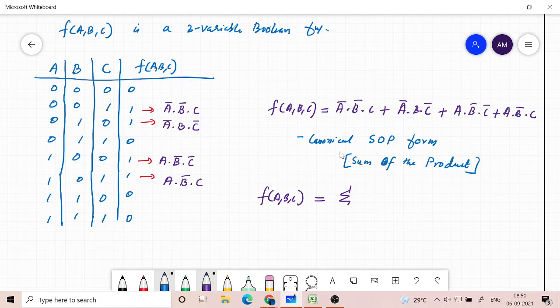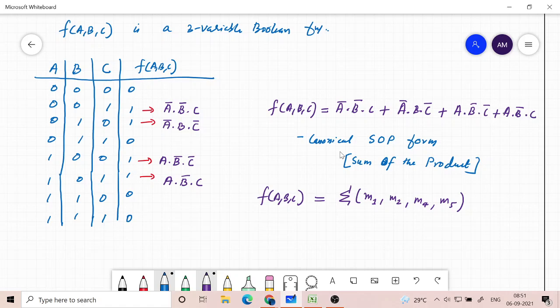In this particular case, if I write, it will look like this, and I will tell you what this means. M1, then M2, M4, M5. So this is a more concise representation of the same function.